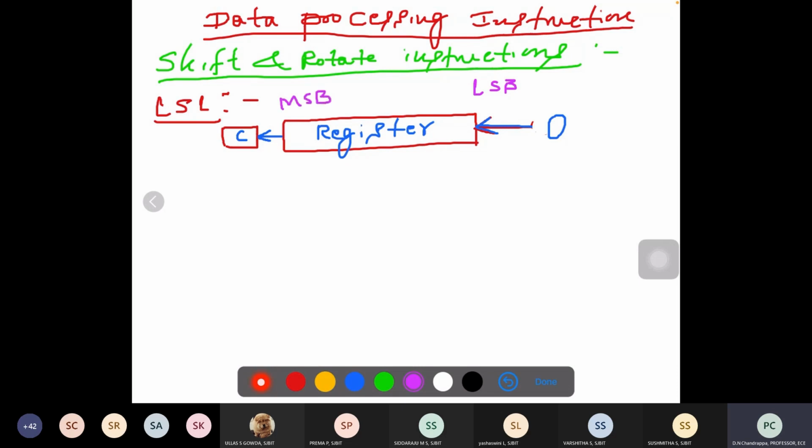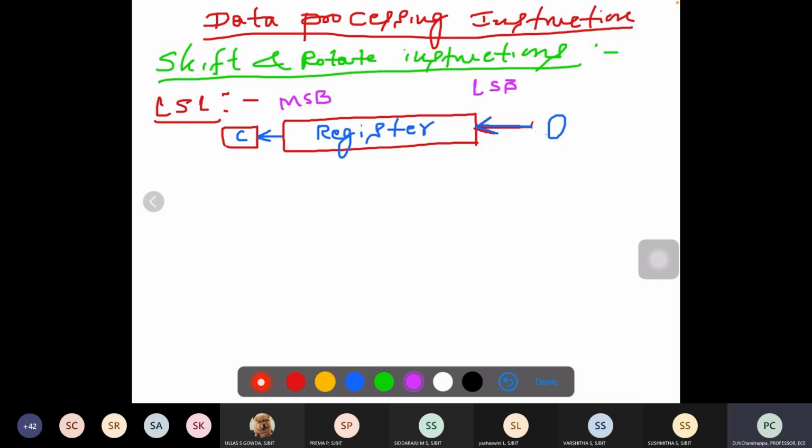Now 0 is introduced from the LSB here. As per our statement, this is called the LSB, least significant bit, and this is called the MSB, most significant bit.